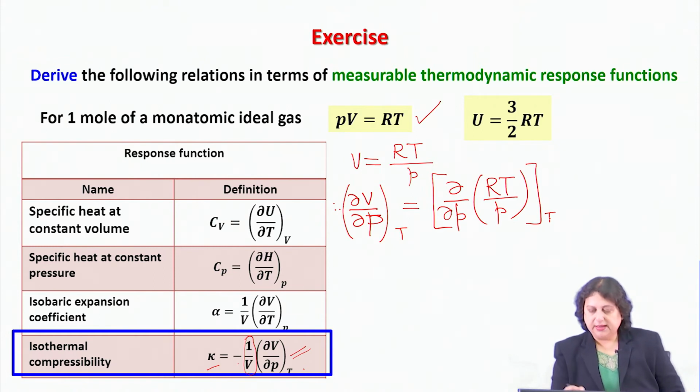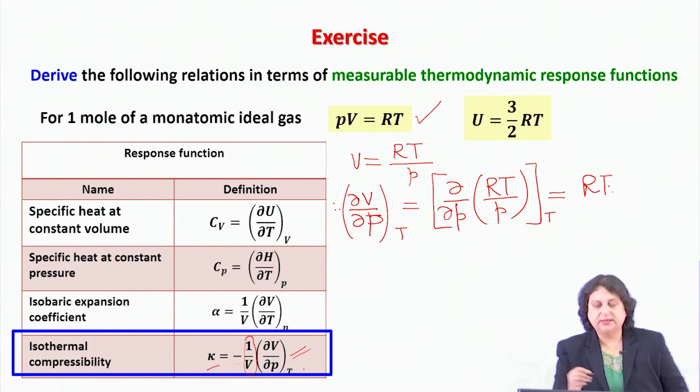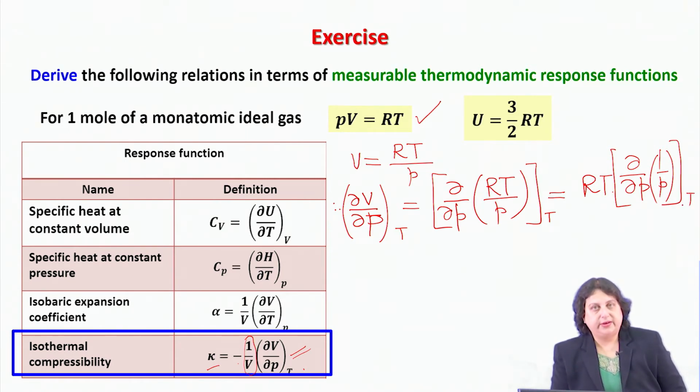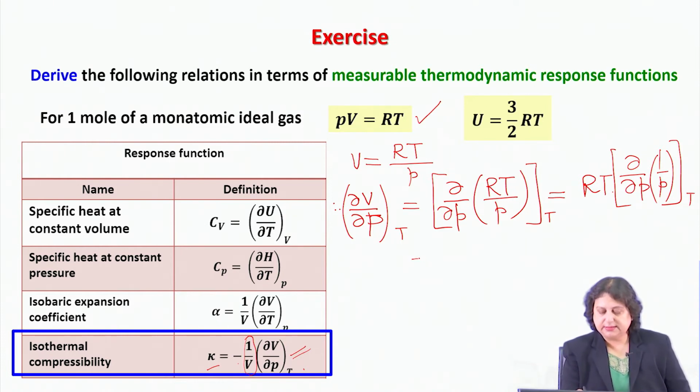If that is so, I can always take out R into T from this derivative, and I need to find del P of 1 by P at constant temperature. This is nothing but taking a full derivative of 1 by P with respect to P, and the answer is minus RT by P square.